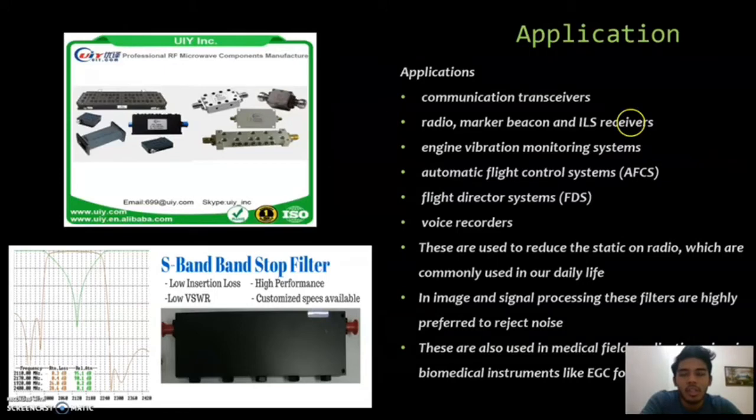Okay, what about applications that we use in daily life where we use a band stop? There are many types around the world. I did some research, and I found this.